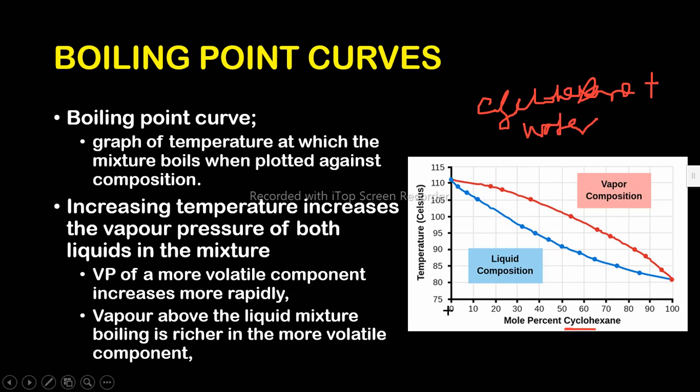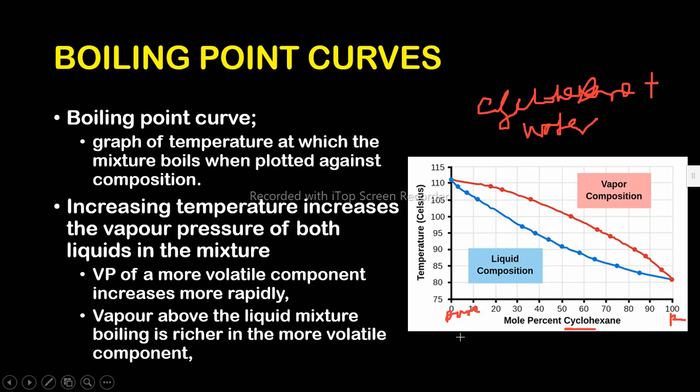Okay, so this is pure water, for instance, and this one is pure cyclohexane. So you can see that 100% cyclohexane is more volatile. It boils at lower temperature than 100% water.